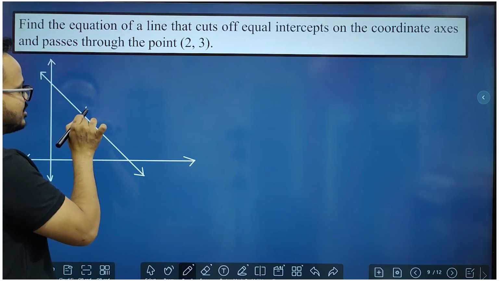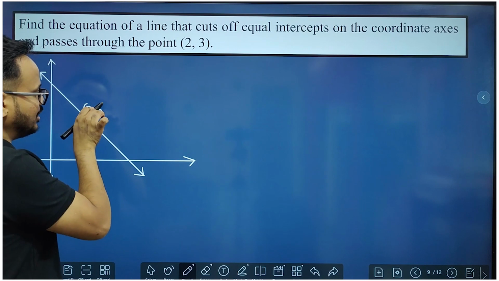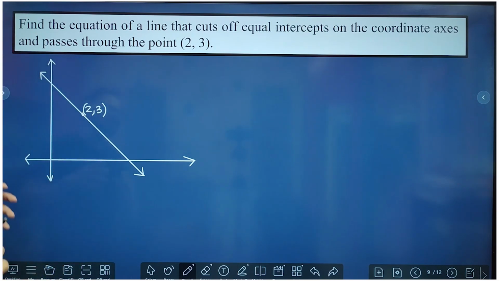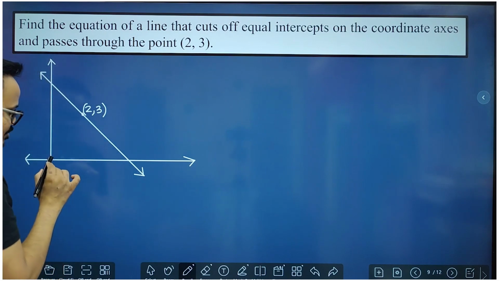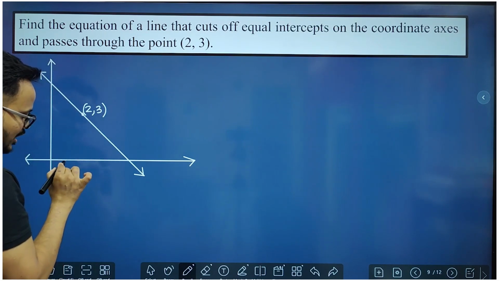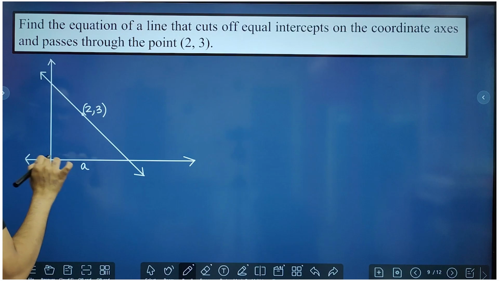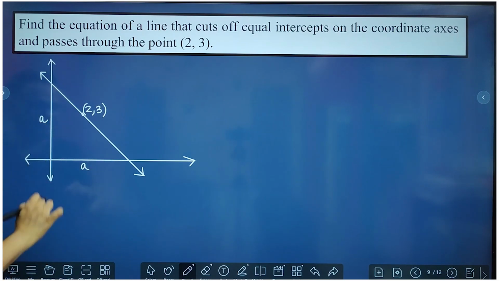So this line is passing through this point 2, 3, and it cuts off equal intercepts on the coordinate axis. So length of this intercept and length of this intercept are equal, okay? Suppose the length of this intercept is a, so length of this intercept is also a.